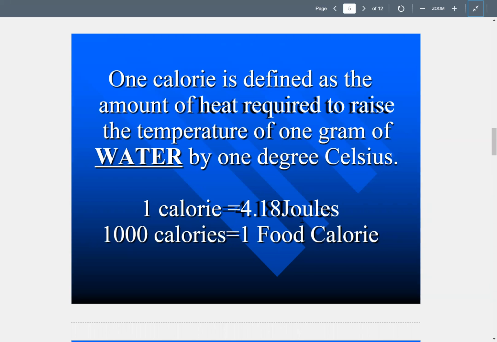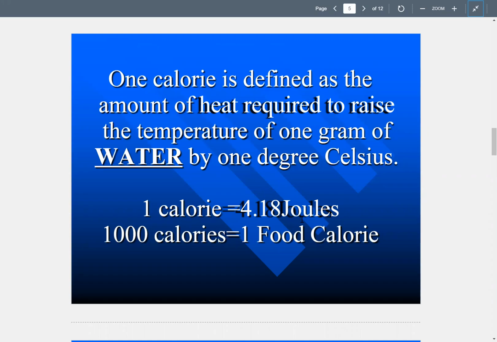So when they first started, obviously, studying this stuff so long ago, water is a great example because they were using water for everything. And so they measured the energy it took to change the temperature of the water by 1 degree. If you have 1 gram of water and you go from 0 degrees C to 1 degree C, that's 1 calorie. If you have 2 grams of water and you do that same temperature change, then you have 2 calories.